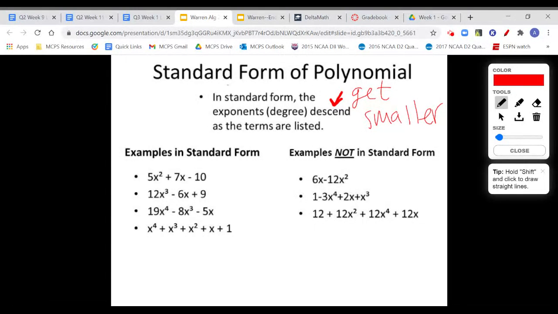I start with this constant right away. I know that's not standard form. And then I have the biggest exponent, but then I have a smaller one, and then I have a bigger one again. So it's just in a jumbled up order. So anytime we aren't perfectly in descending order, like we were on those examples on the left, if there's even one term that is out of order, then you are not working in standard form.